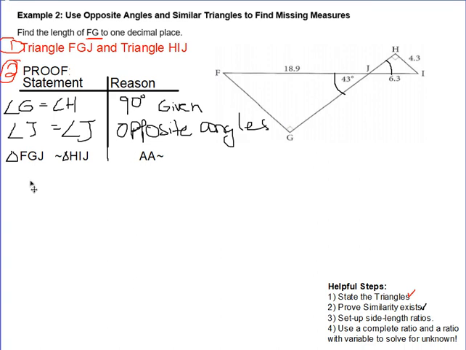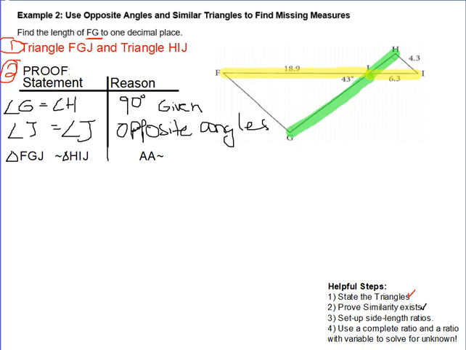So let's go ahead and set up our corresponding side length ratios. So I like to go with a highlighter, and I'm like, okay, well, I do know that starting from the 90 going towards J, HJ corresponds with GJ. And then opposite of the 90 degree, this long side here, FJ corresponds with IJ.